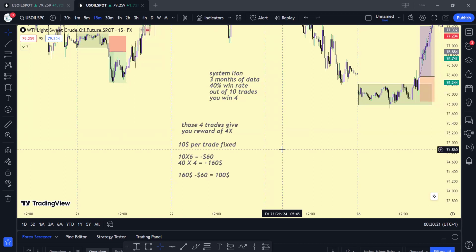So what you're getting from backtesting is, number one, confidence in your trading, but you need to have data in front of you that says this is what you're going to get. With this in front of you, you know that if I follow my trading plan and I'm risking $10 per trade, after 10 trades I should be profitable.